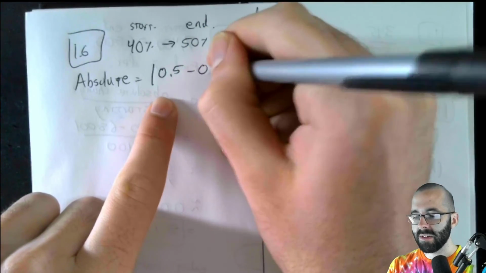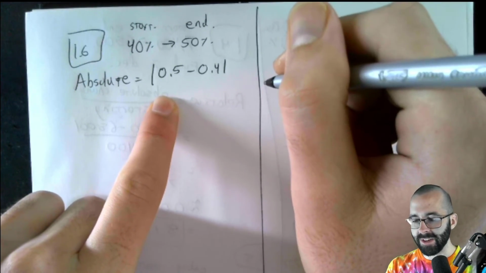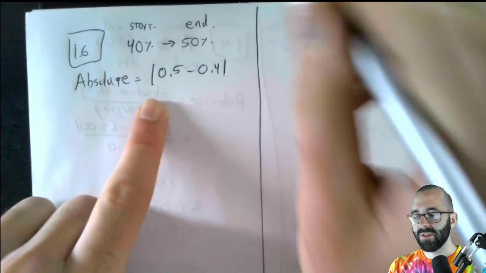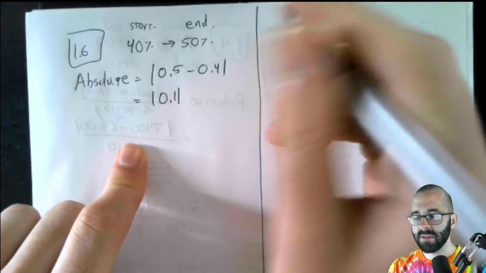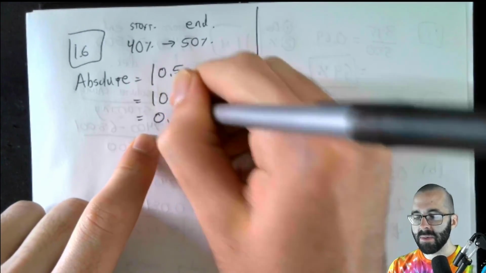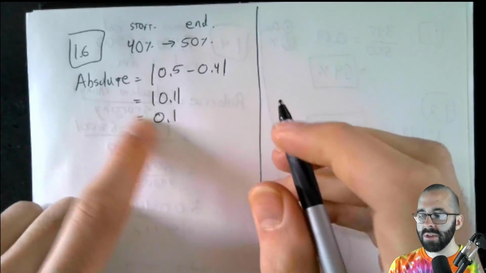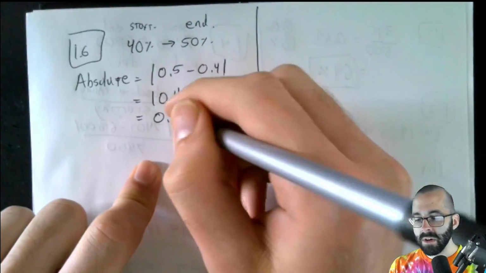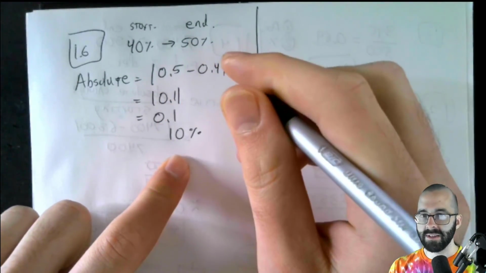It's up to you. But make sure that you know and are writing down which one you're using. 0.5 minus 0.4 is 0.1. The absolute value of a positive number is itself. So the absolute change is 0.1, or let's put it back in the original units, 10%.